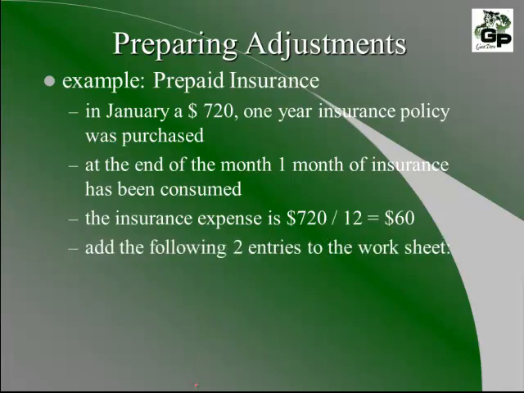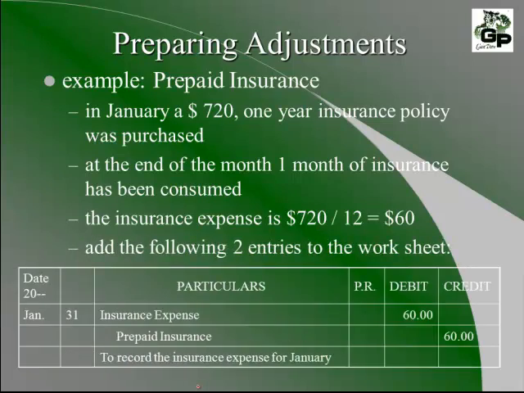Add the following 2 entries to the worksheet. So our journal entry for this adjustment is an insurance expense of $60. Our prepaid insurance account is credited $60, and our description is to record the insurance expense for January.